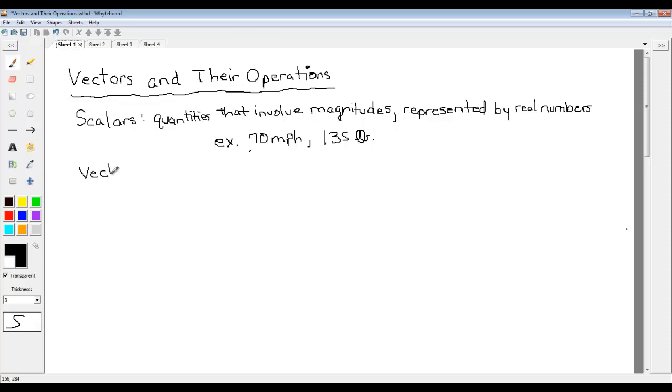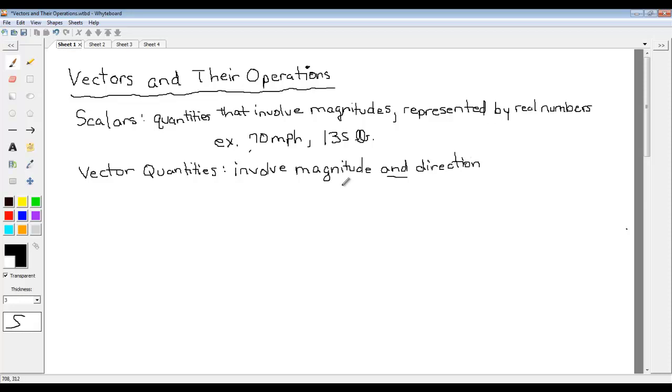Now, vector quantities will tell you magnitudes, but they also involve direction. So they involve magnitude and direction. Now you're going to look at what way they're pointing.